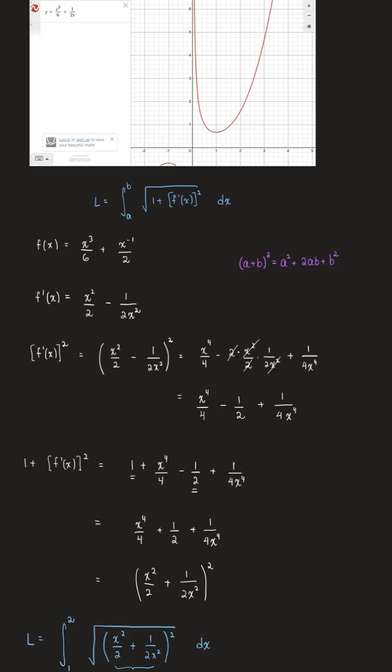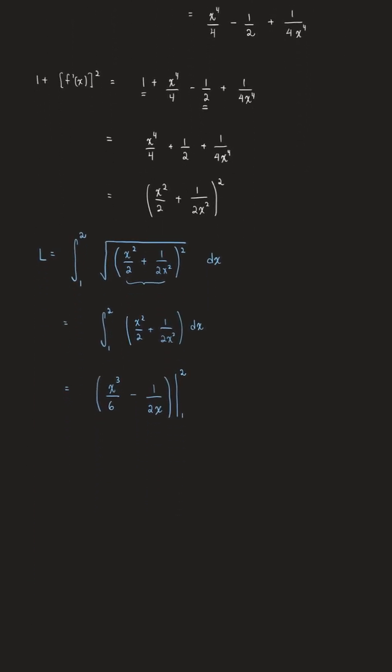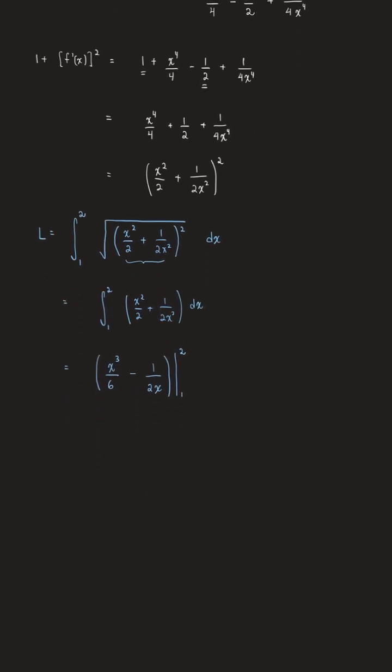Okay, let's return to our final few steps of evaluating our function at the endpoints by applying the fundamental theorem of calculus. So this will give us 2 cubed over 6, so we have 8/6, and I'll simplify shortly. 8/6 minus 1/4 minus what we get when we put in a 1 in place of x, which is 1/6 minus 1/2.